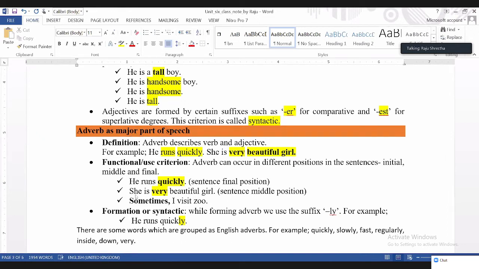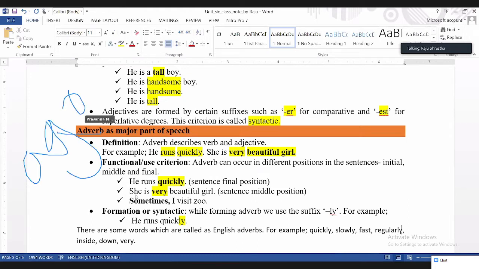There are some words which are grouped and called English adverbs. For example, quickly, slowly, fast, regularly, inside, down, very.